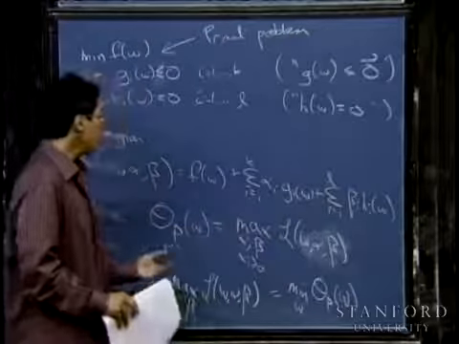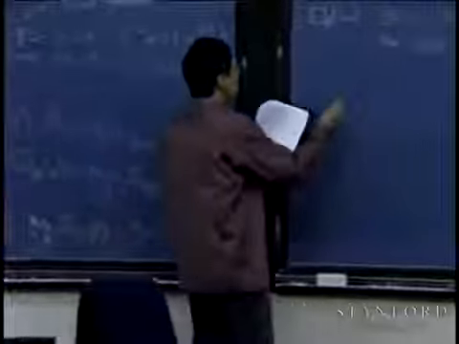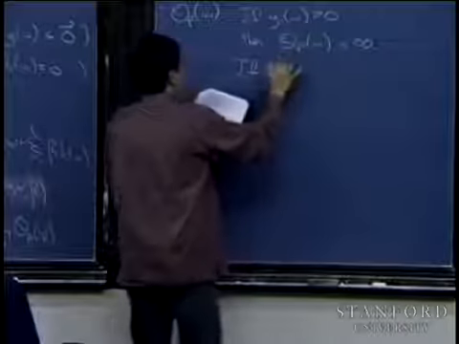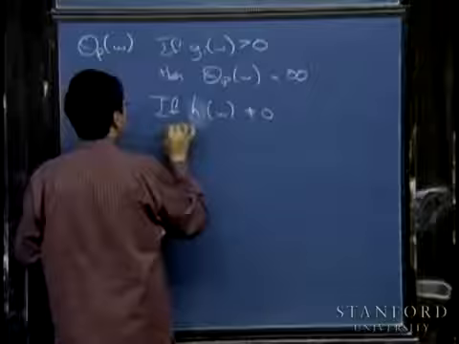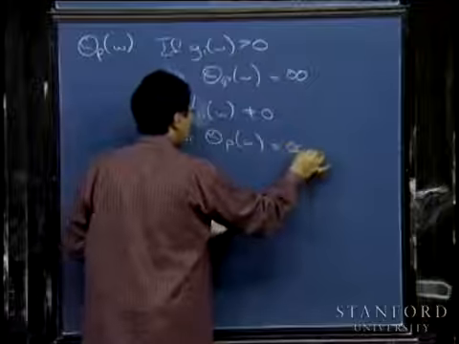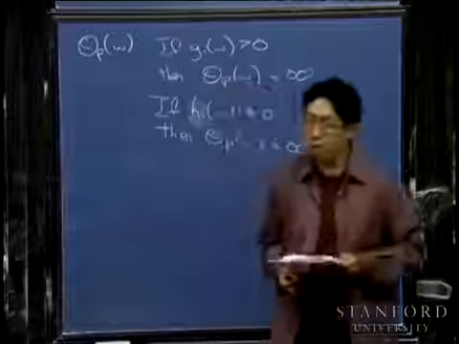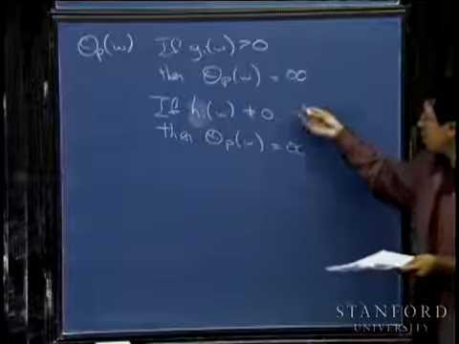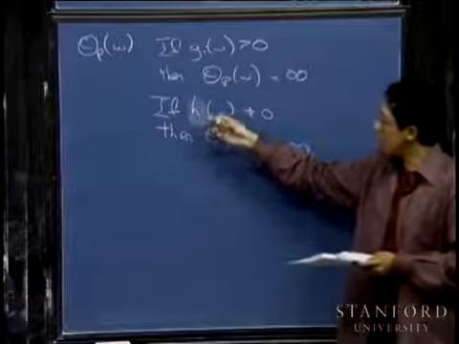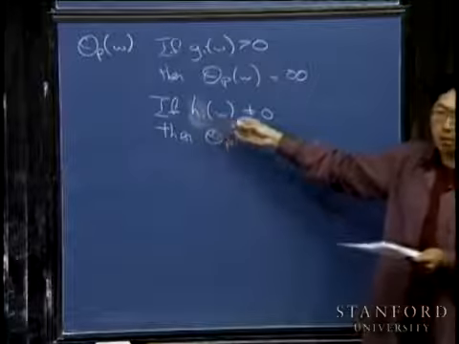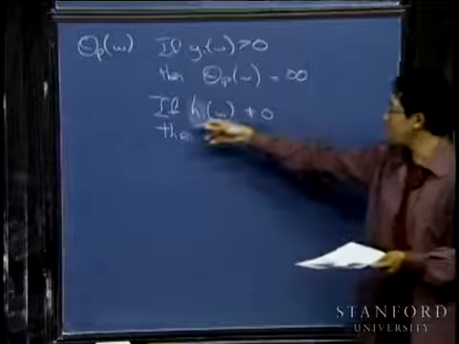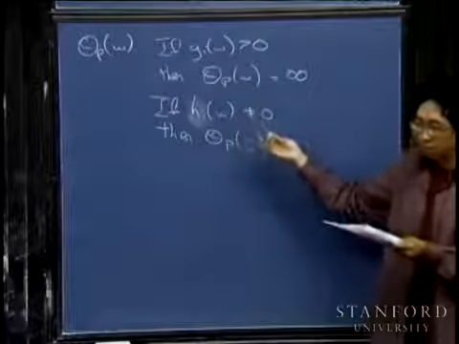In a similar way, if h_i(w) is not equal to 0, then theta_P(w) will also be infinity for a very similar reason, because if h_i(w) is not equal to 0 for some i, then in my Lagrangian I had a beta_i times h_i term. By setting beta_i to be plus infinity or minus infinity, depending on the sign of h_i, I can make this plus infinity as well.